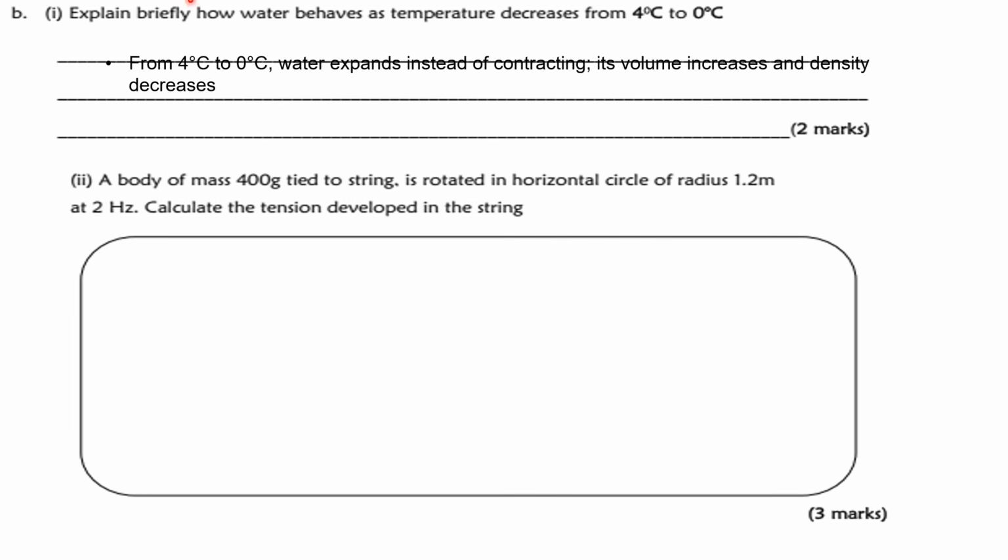That's what they want you to say here, 2 marks. Instead of contracting, its volume increases and its density decreases. Remember that volume and density are inversely proportional to one another. If you go back to the formula, density is equal to mass divided by volume.